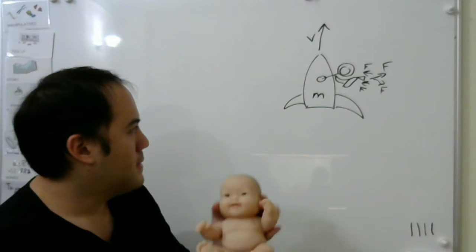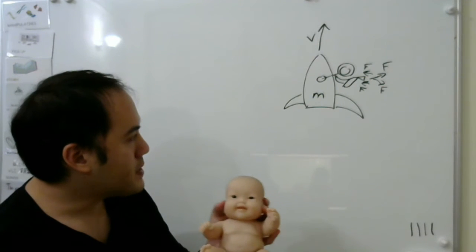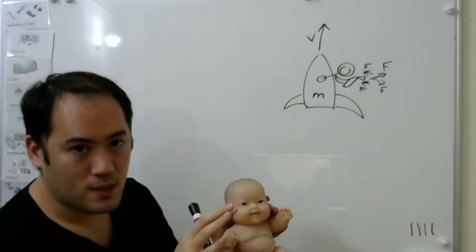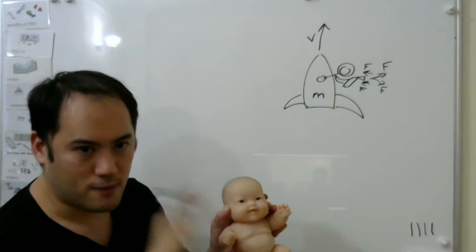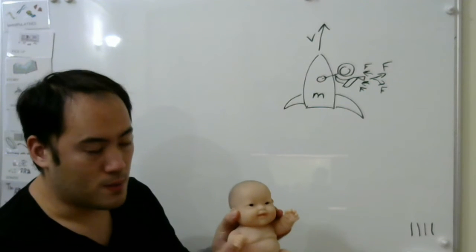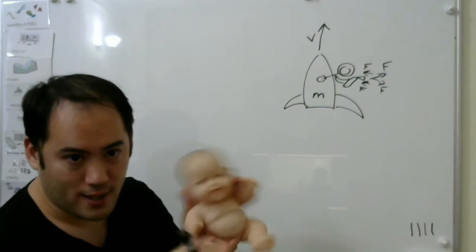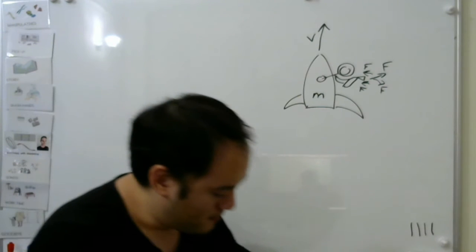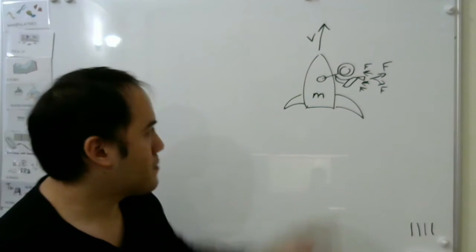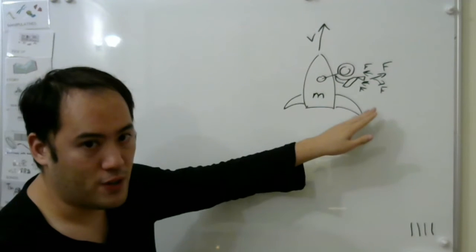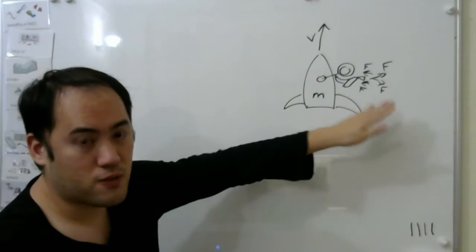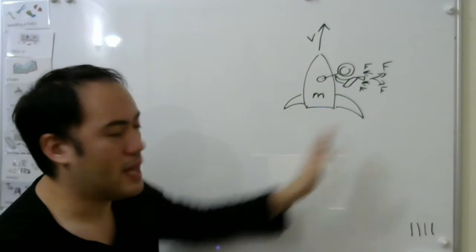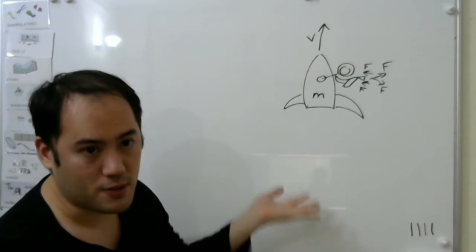Yeah. If the fire extinguisher shoots foam out with some force, the foam will exert the same force back on the spaceship. That's true. It's the third law. The force on the foam will equal the force from the foam, and that force will push the spaceship in the other direction.